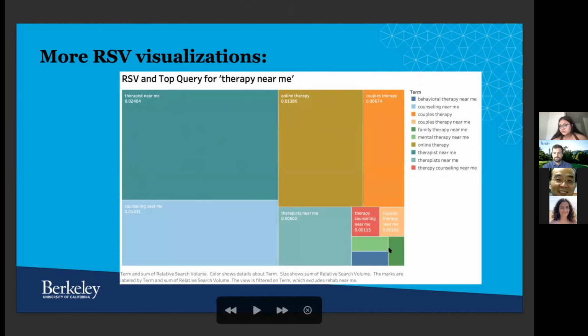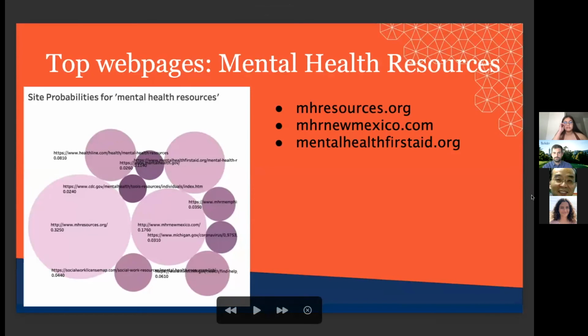And so moving on to the custom search API, where we looked at web page information and site probability. Here's another bubble graph that I created that has the website and its associated site probability.